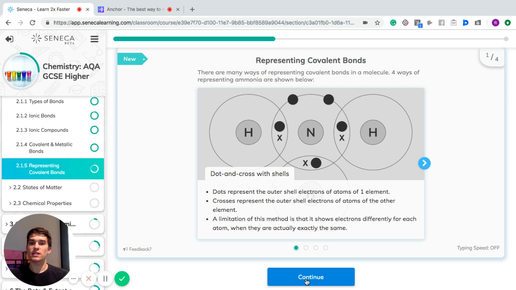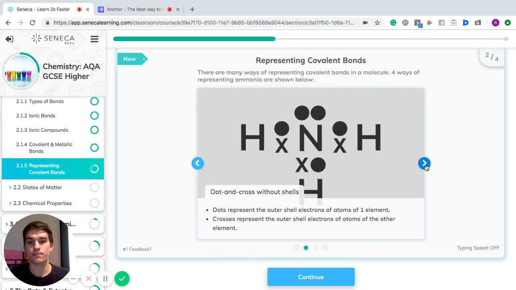The limitation of this way of showing covalent bonds is that it shows electrons differently for each atom when they're actually exactly the same. So even though an electron's coming from a hydrogen or from a nitrogen, they're actually the same thing, but they're represented differently.